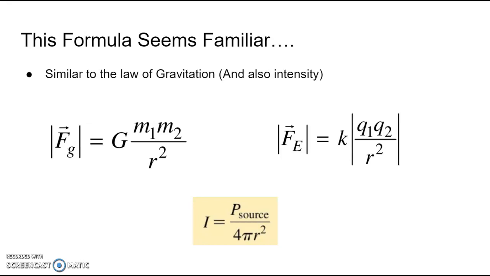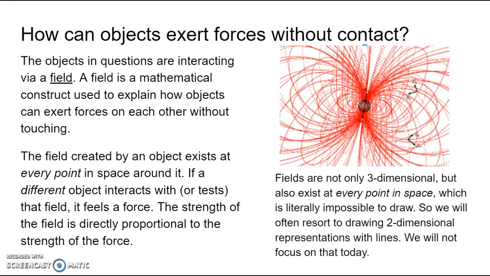But that being said, let's review briefly here about fields. How can an object exert a force without actually contacting another object? It does this through interaction with the field. A field is just a mathematical construct used to explain how objects can exert forces on each other without touching.